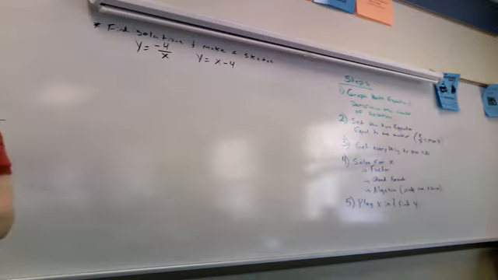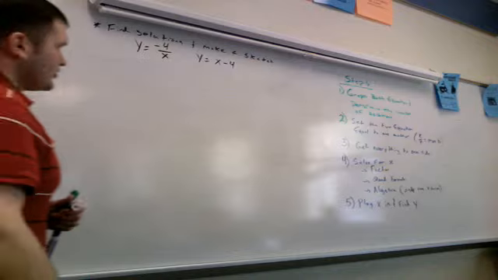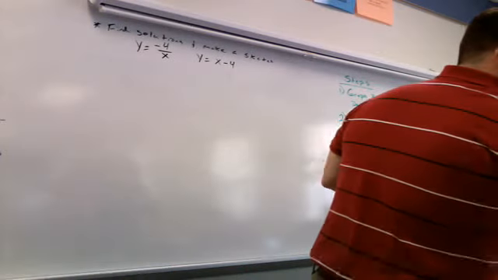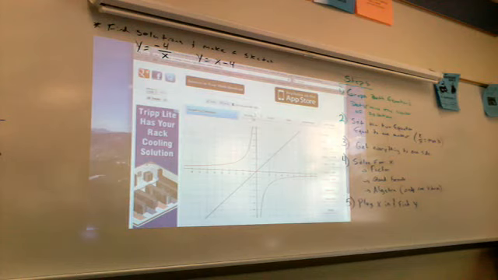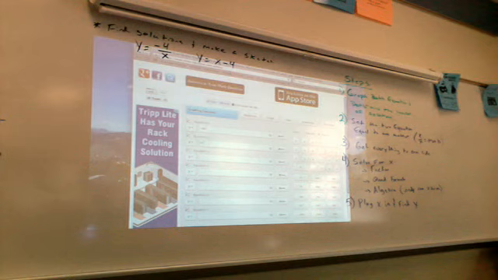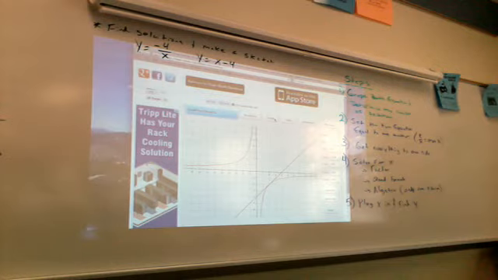So with your calculators, maybe you want to graph both equations, or use the Meta calculator online link that I posted for you. All right, I'll graph my two equations. This was x minus 4. Graph. Okay, how many solutions does it look like we have, guys? One.